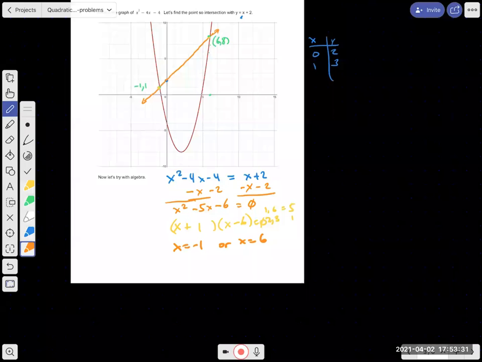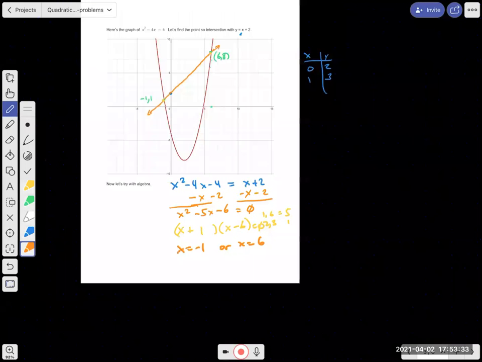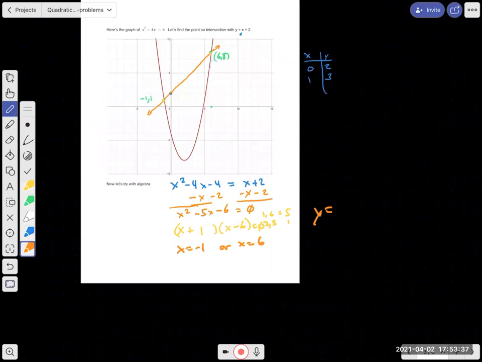And so then you say, okay, well, I can put that in. So what's my y? So you just say, well, y equals x plus 2. So y equals minus 1 plus 2, y equals 1. So there's one of your points, minus 1, 1. And then you solve for the other one and say, I have y equals 6 plus 2, y equals 8.